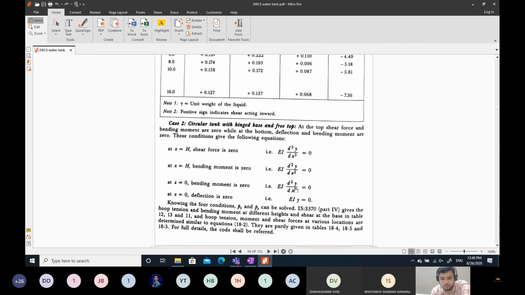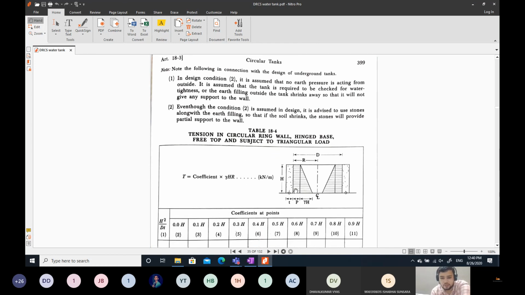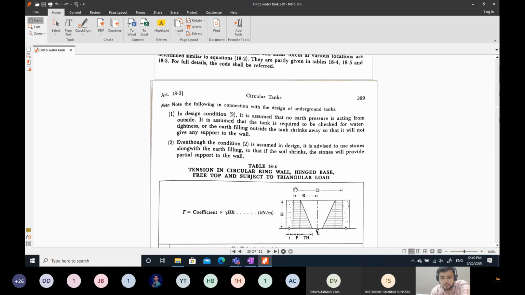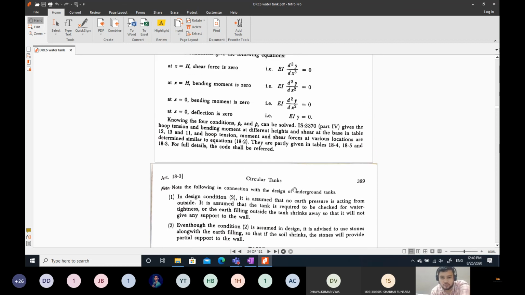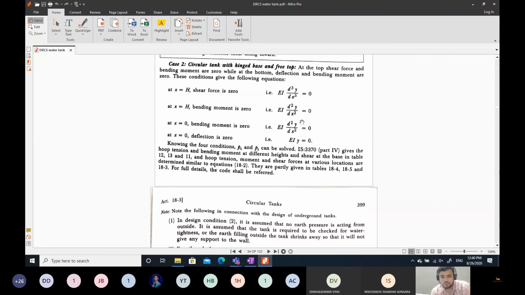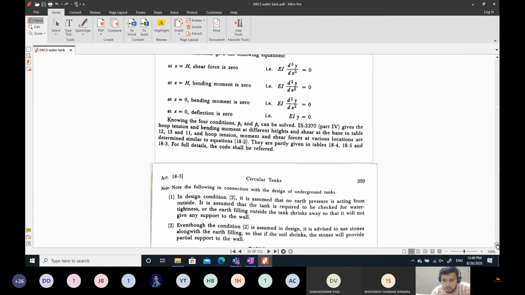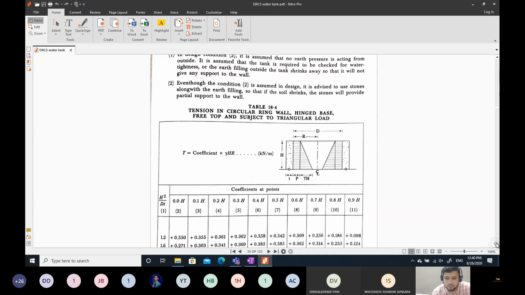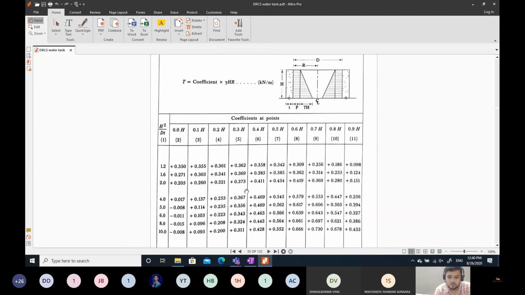Okay, and they are based on the same theory which we have gone through. So based on this theory and the final solution, you can have such tables. But you can refer to IS 2370 part 4 for such tables.